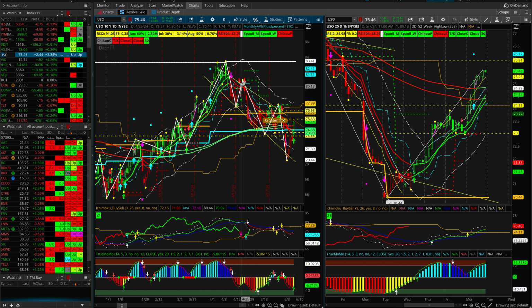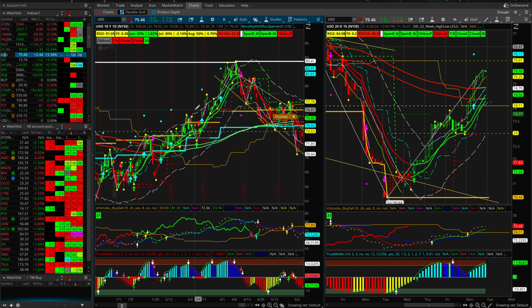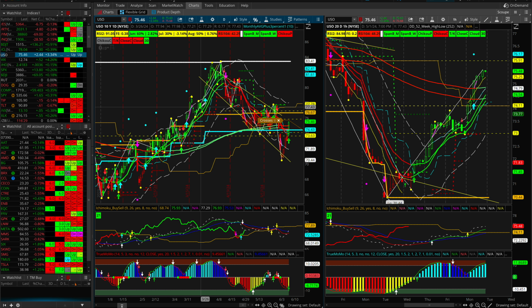So if I get an entry on the Simple 30 system, and it marries up with the entry on the Ichimoku, then I'm going to take it. If it's just one or the other, I'm probably going to pass because there's ample opportunities most days, and both systems have clear entry and exits, and when they marry up, you get really nice trends. So there's going to be more to come on that too.